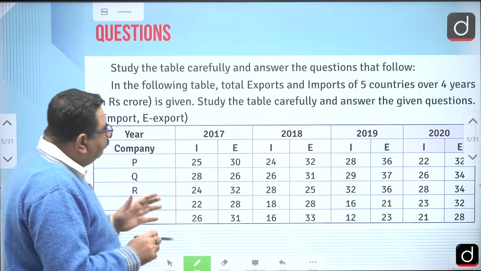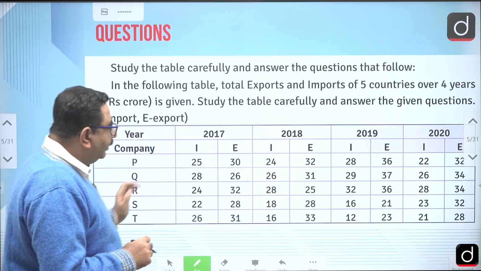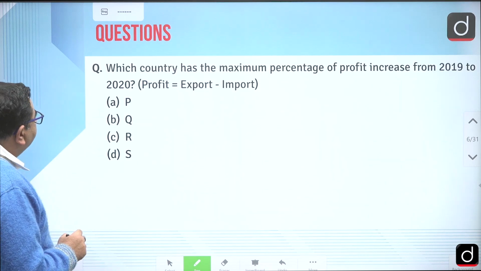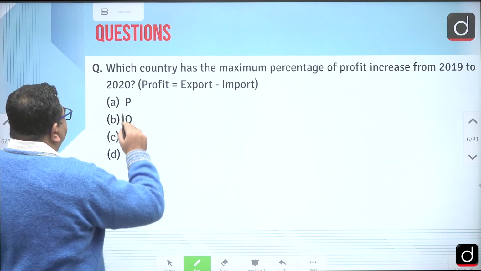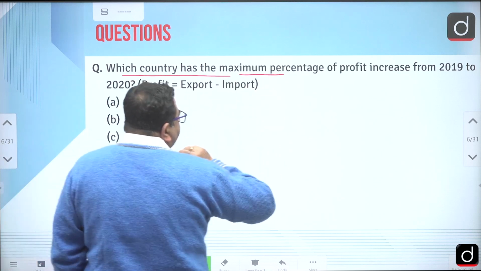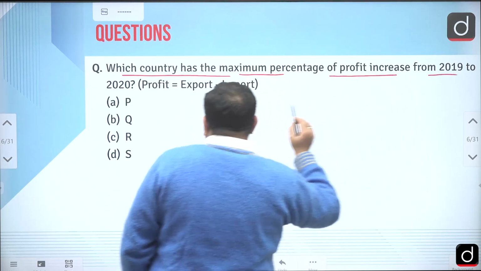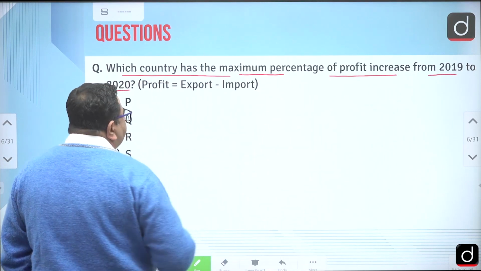Again, the table is repeated on every page. So let's see the question. Which country has the maximum percentage of profit increase from 2019 to 20?